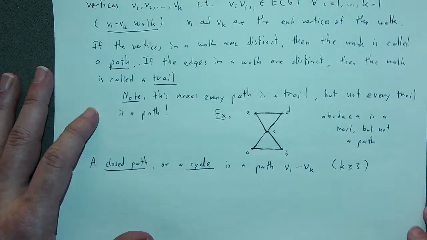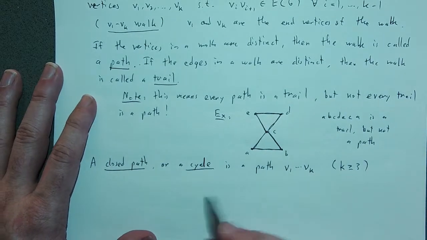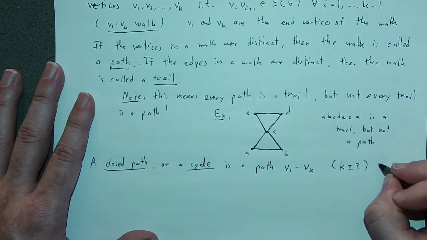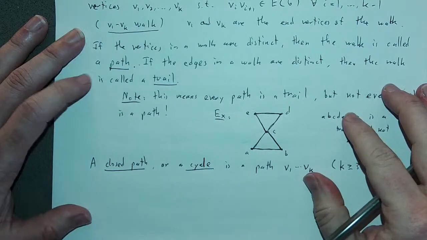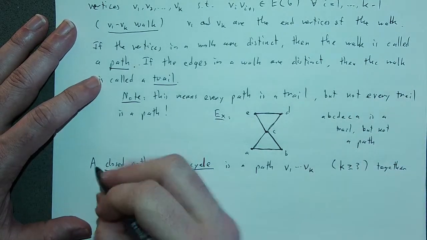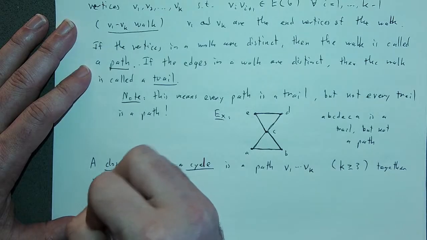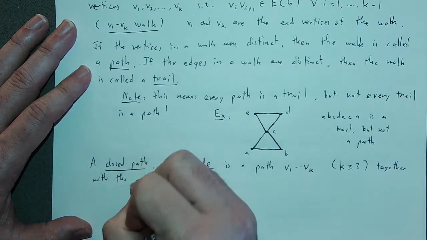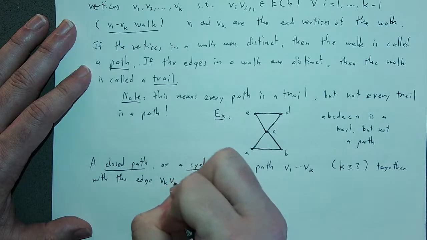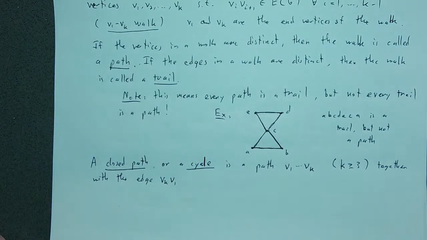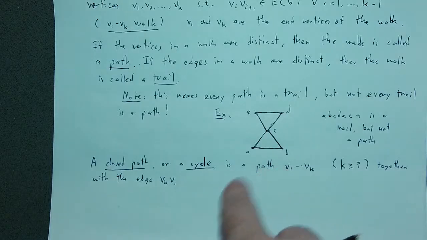So maybe that was a little confusing. But so this is a path together with the edge vk v1. So that in this way, it is a closed path because this closes up.